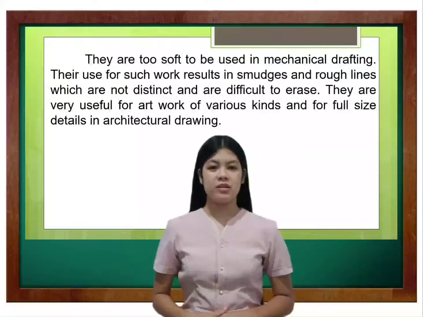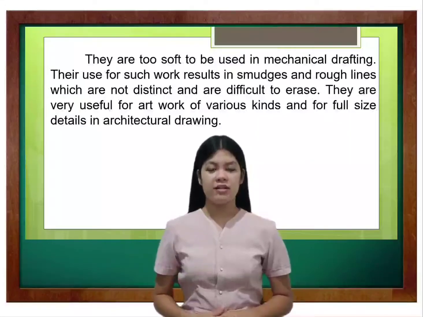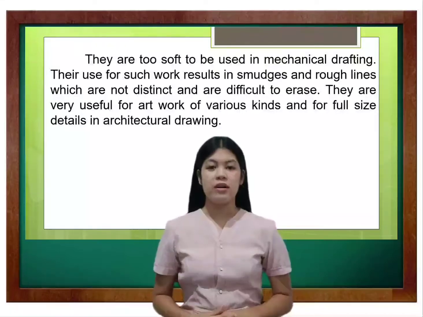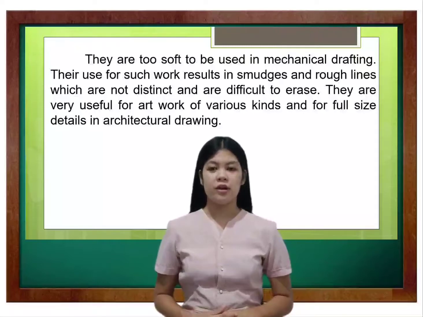Their use for such work results in smudges and rough lines, which are not distinct and are difficult to erase. They are very useful for artwork of various kinds and for full-size details in architectural drawing.